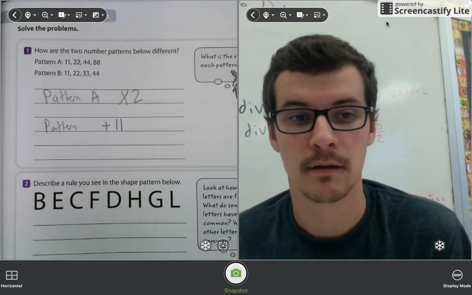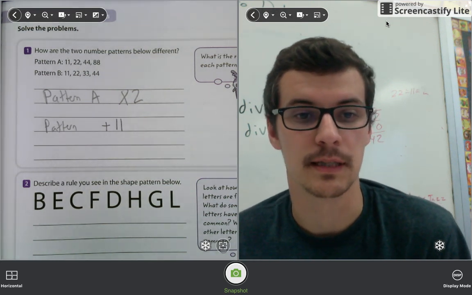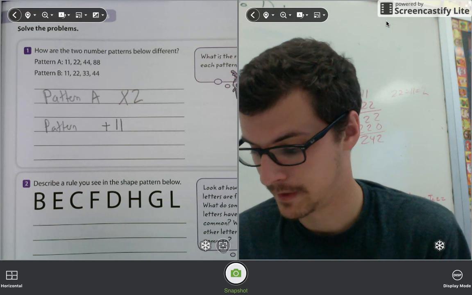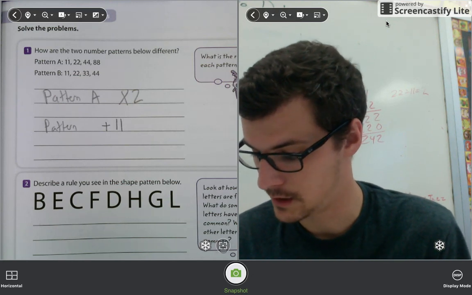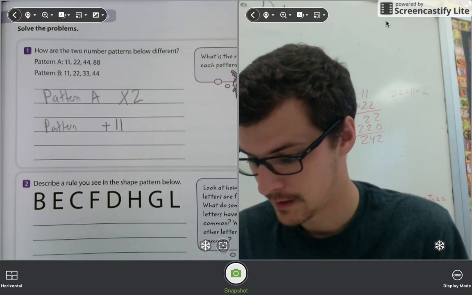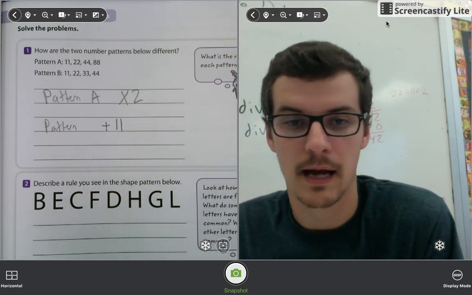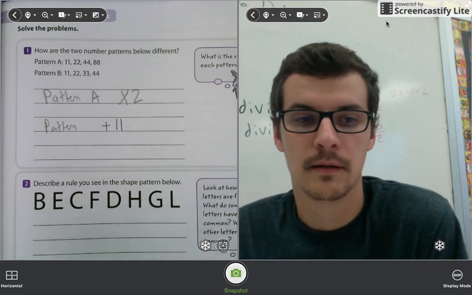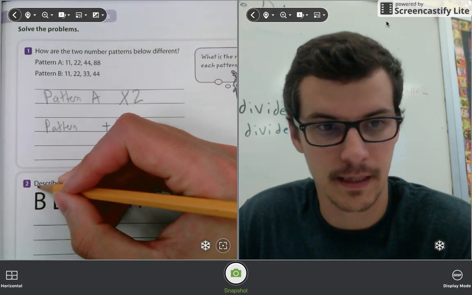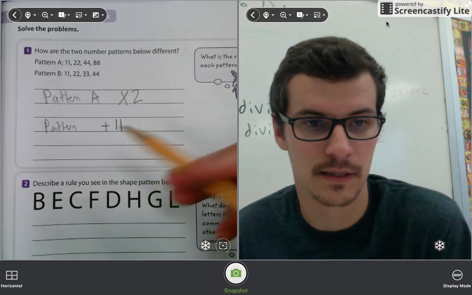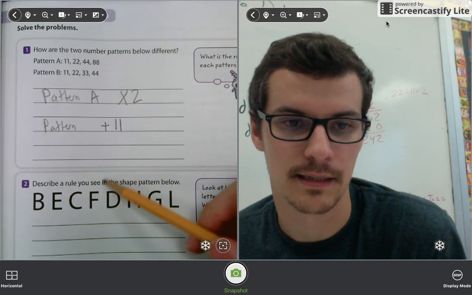All right, number 2. Describe a rule you see in the shape pattern below. B, E, C, F, D, H, G, L. So I'm not seeing any kind of vowels and consonants thing. I think it's more how they're shaped. When I look at the letter B, it has a straight line, but then it has some curves. E has nothing but straight lines. C has a curve.